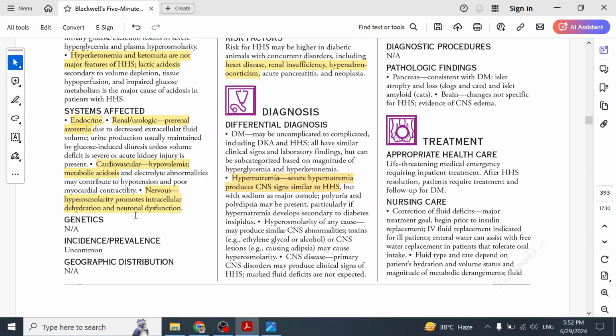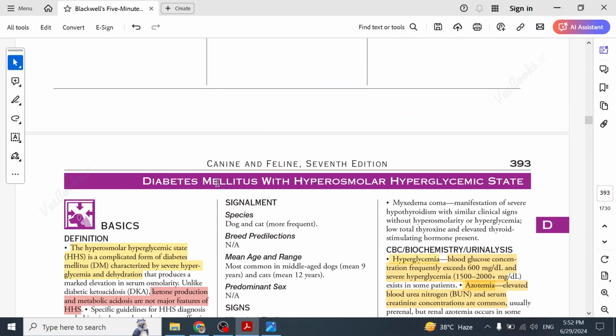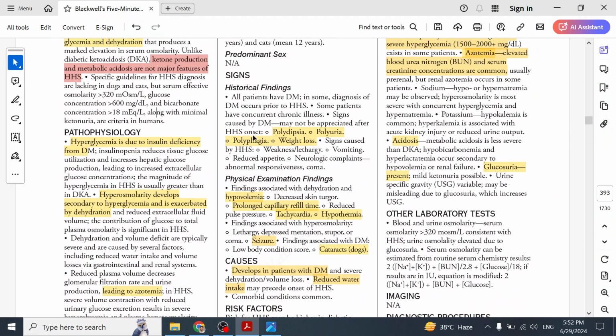Whenever there is an increased level of salt, there is exosmosis from the cell, so hyperosmolarity promotes intracellular dehydration.